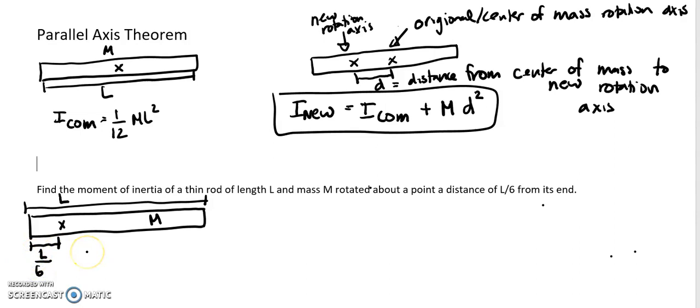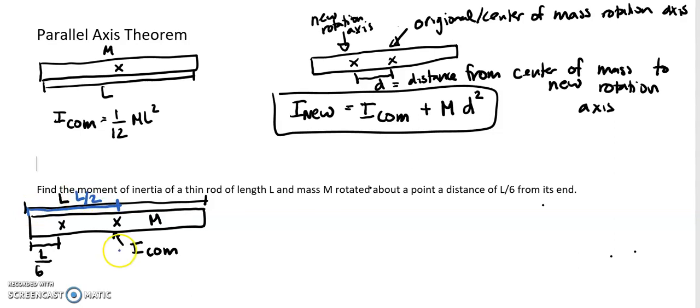Great. So its original rotation axis or point, we have to compare it to the center of mass, which would be right here. So moment of inertia I about center of mass. Let's go ahead and label a couple distances. I know this distance right here would just be L over 2.